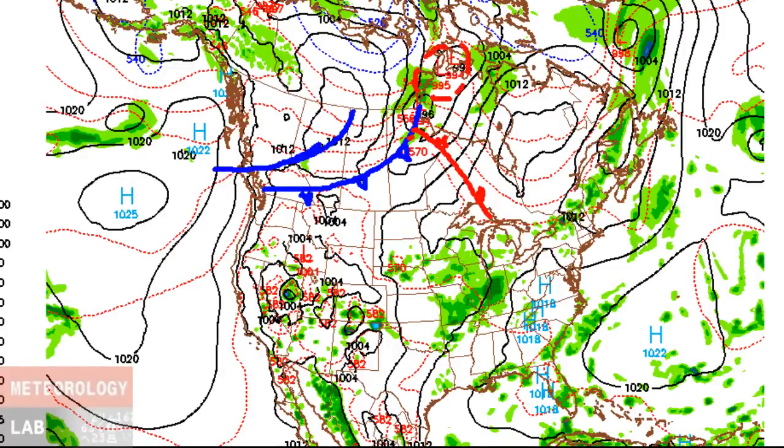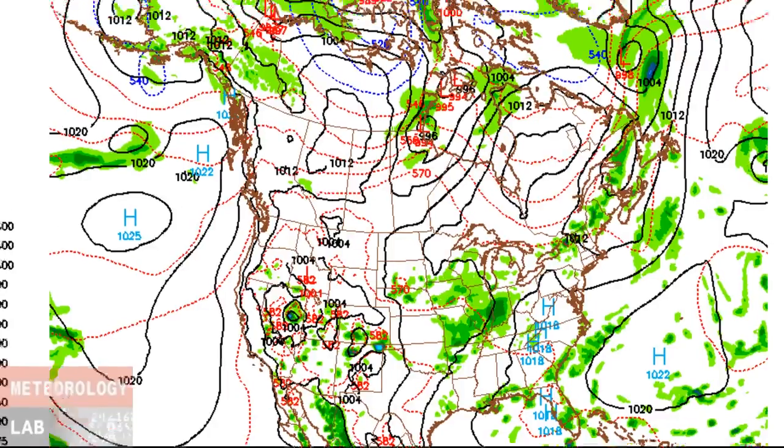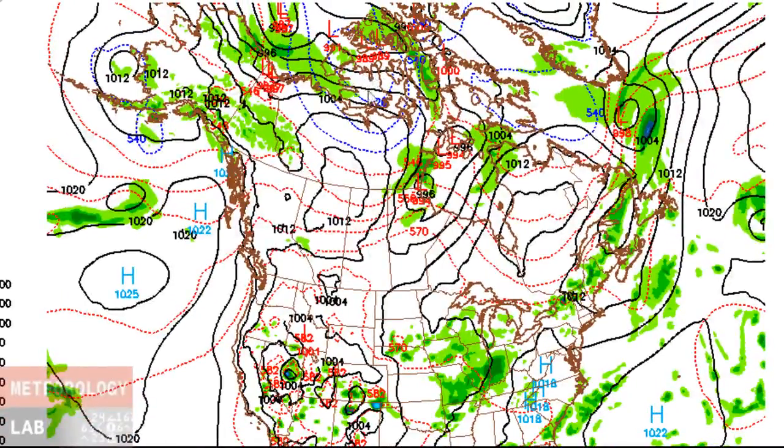Then up there, this is going to be an occlusion, and we've got some very cold air up there in the western Canadian Arctic. We're showing 526 decameters for that thickness. Yeah, there it is up there over the Cambridge Bay area, and Alaska getting a little bit of that cold air up there also.